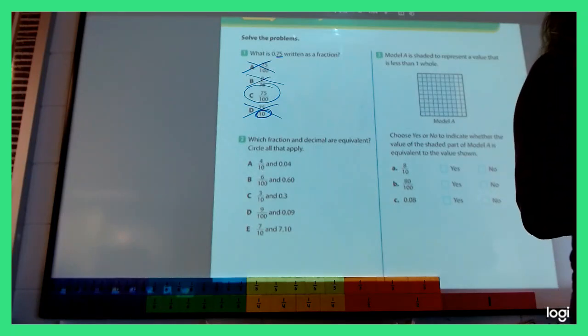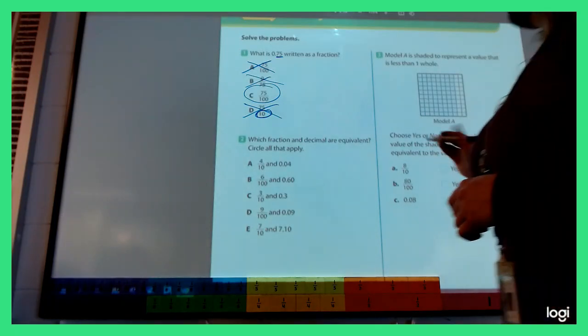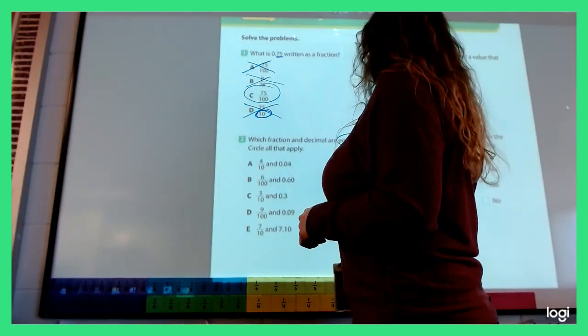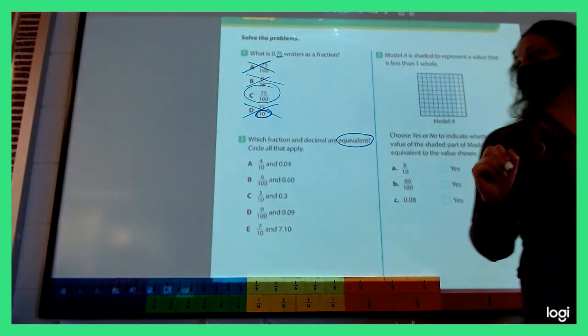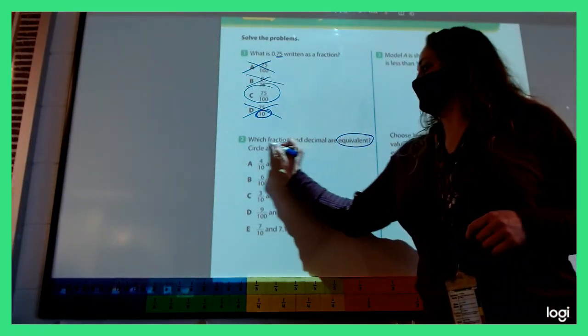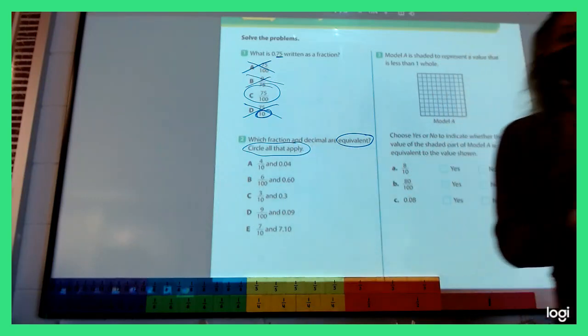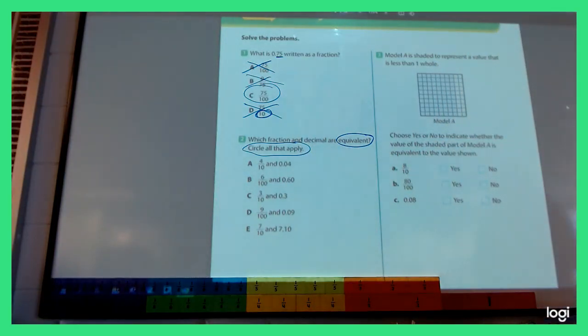Circle all that apply. Okay, go ahead, give it your best shot. Remember, equivalent means the same, so they show the same amount of the whole. Circle all that apply is pretty important. Okay, you're going to get a head start. Thank you, those of you that are using your time really wisely to review your math.